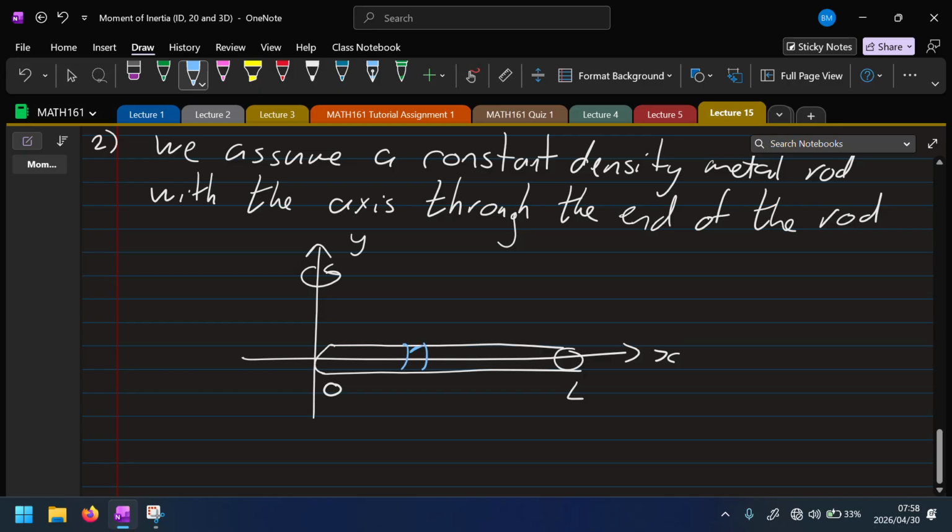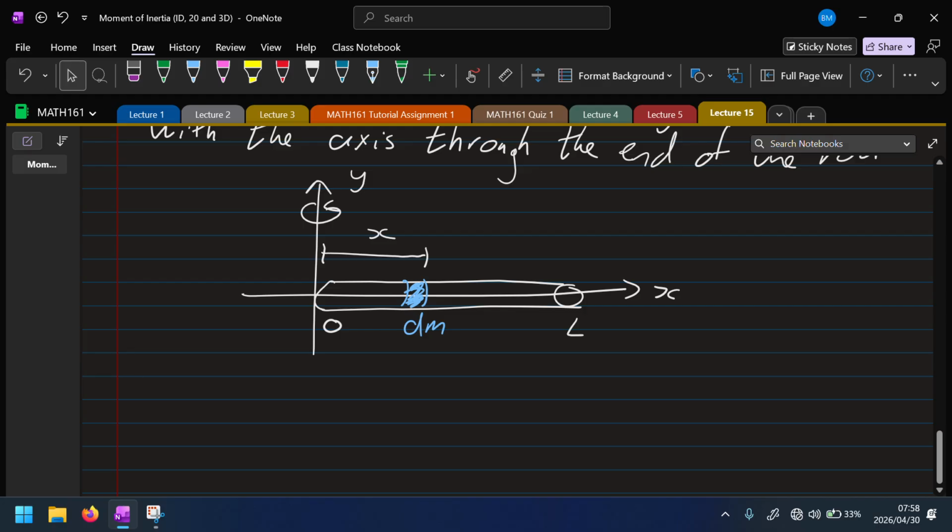So here we got a little bit over there. Okay, remember the radius is from the axis. So from the axis to our little mass piece there, that's going to be x. Okay, and then we have everything we need.